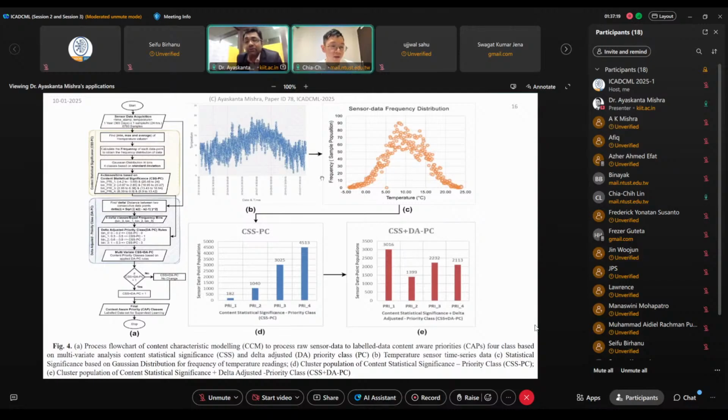So no data in the world cannot be modeled. All time series data has to be modeled in some kind of distribution. So from that distribution, we'll get the feature. So even if that distribution is a different distribution, the feature will be different. So it is not an issue for prioritizing it.